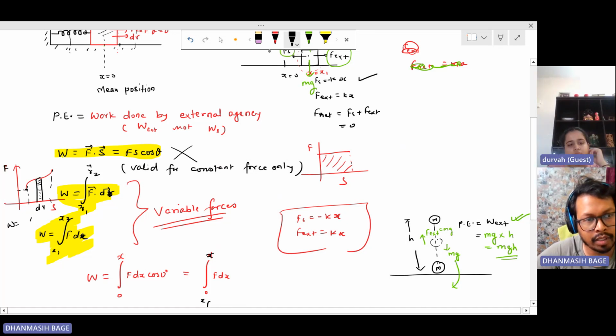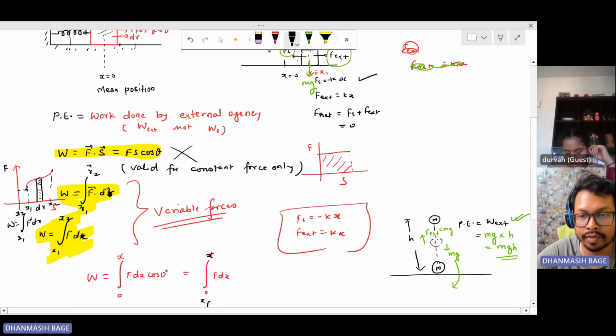So that is why work done is equal to the integration of F dr from x1 to x2. In whatever range you are finding, let us say this is x1 to x2, you will figure out the total area under the curve. That is the work done.